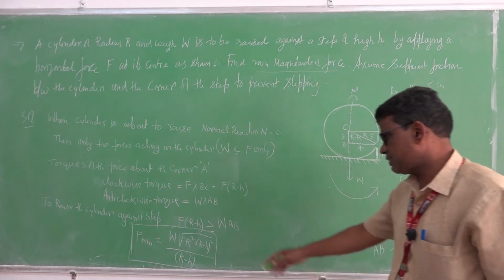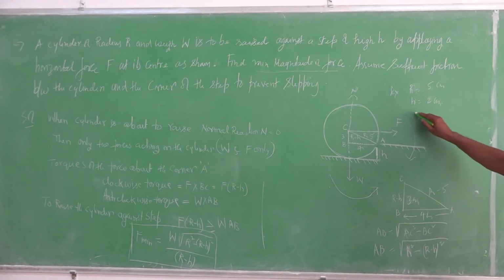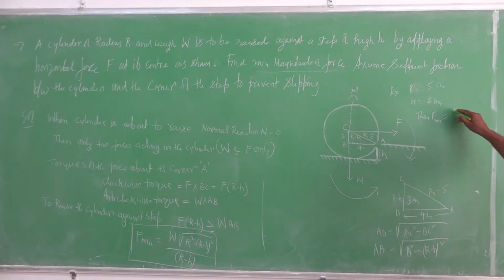So in that example, F minimum is the square root of R square minus (R minus h) whole square, that is BC, which is 4, divided by R minus h, which is 3. So this is 4 by 3 of the weight. The minimum force should be 4 by 3 of its weight.